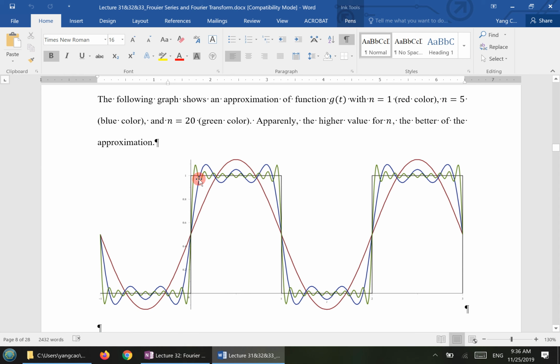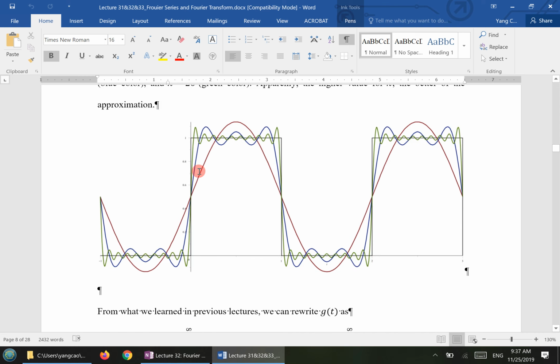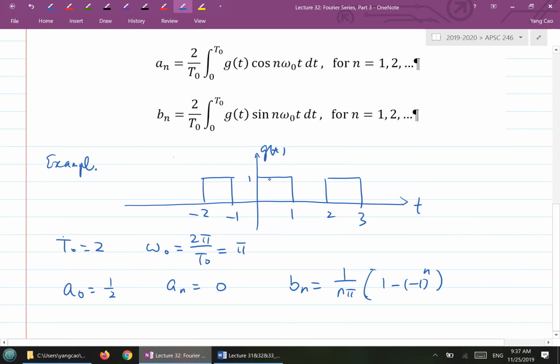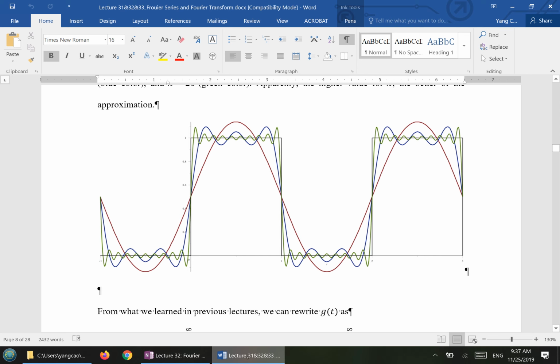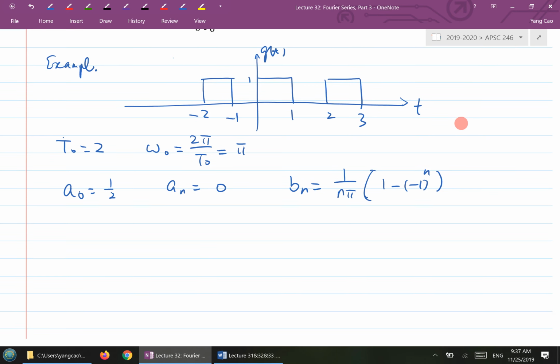As you can see, the more terms you add, the resulting curve gets closer and closer to that step function, the square wave. If you go to infinity, it will be exactly the same. This is the original, and those are the approximations. Any questions so far? This is what we did in the previous lecture.